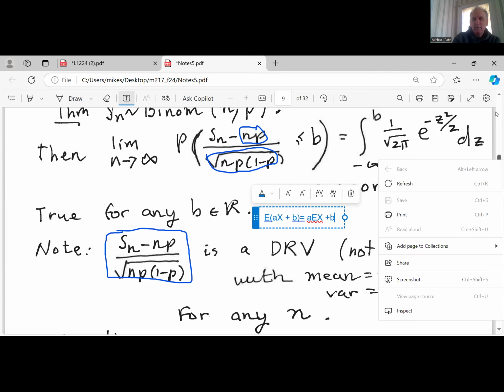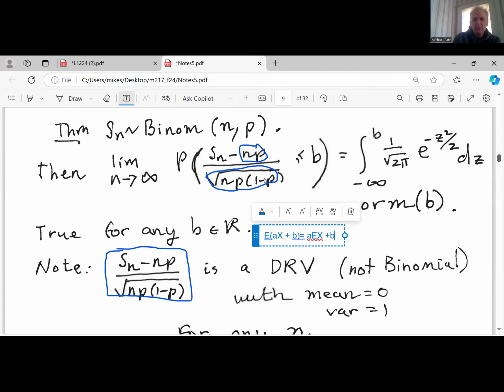It's np, because if I think of it as the sum of n Bernoullis, each one has expected value p. So the expected value of this whole thing, I could take the bottom part outside, and then I would get the expected value of Sn over this, which would be np over this minus np over this. I get 0.